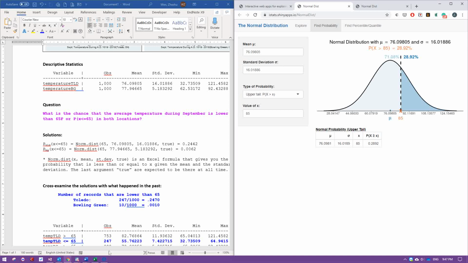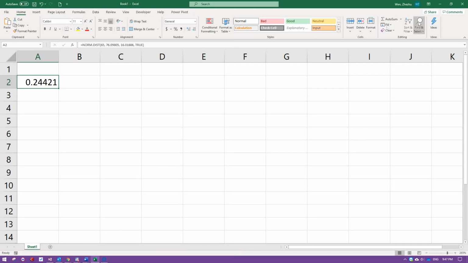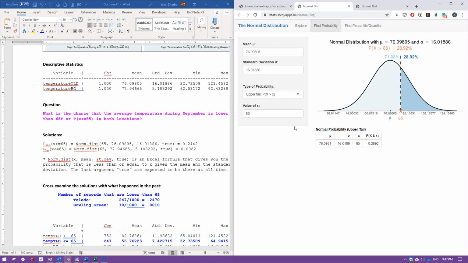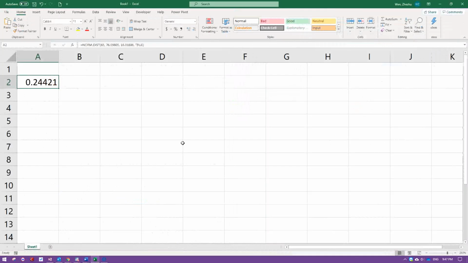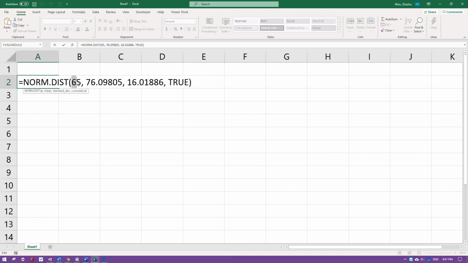Okay, the one thing you need to remember is that the Excel tool only gives you the area to the left. Unlike this tool, it can give you both direction. Excel can only tell you the direction to the left of the reference point. So you can actually do a workaround, right? So you can change this number into 85, right?